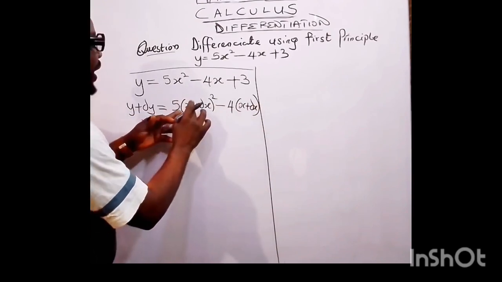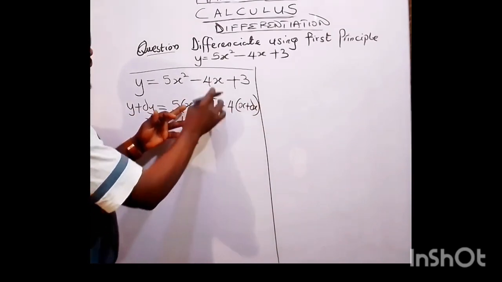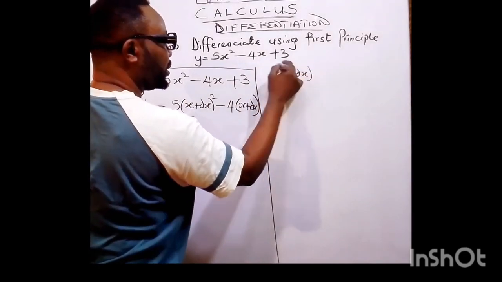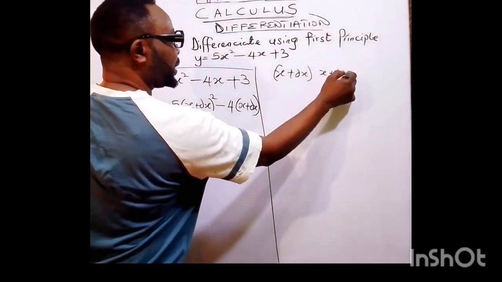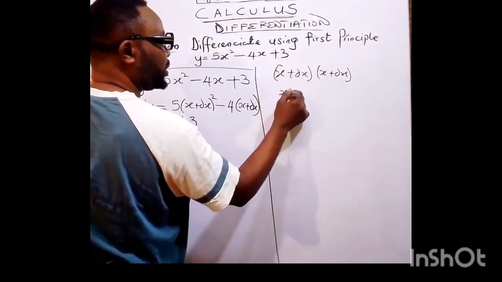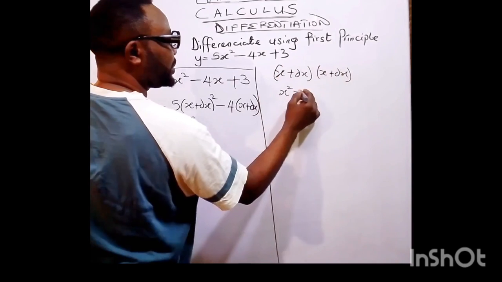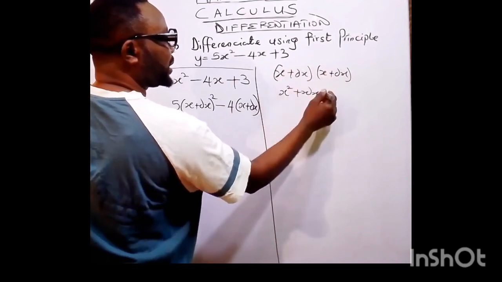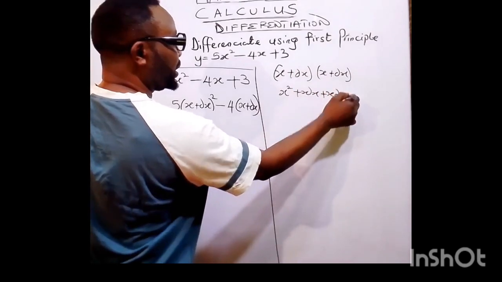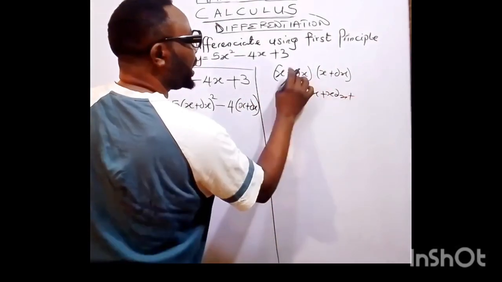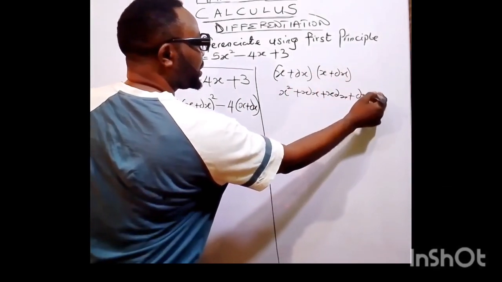Now, to find the value of x plus dx in bracket squared, you can quickly work it out somewhere. x plus dx, x plus dx. You now expand it. x times x, that's x squared. x times dx, that's plus x dx. dx times x, that's plus x dx again. You can see that it is the same. Then plus dx times dx will be dx squared.